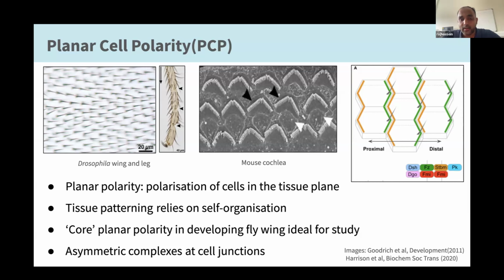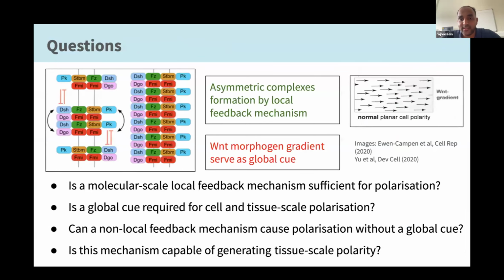To understand this planar cell polarity, many models have been developed, and these models capture the polarization with various feedback mechanisms. So what is the need of some new model?